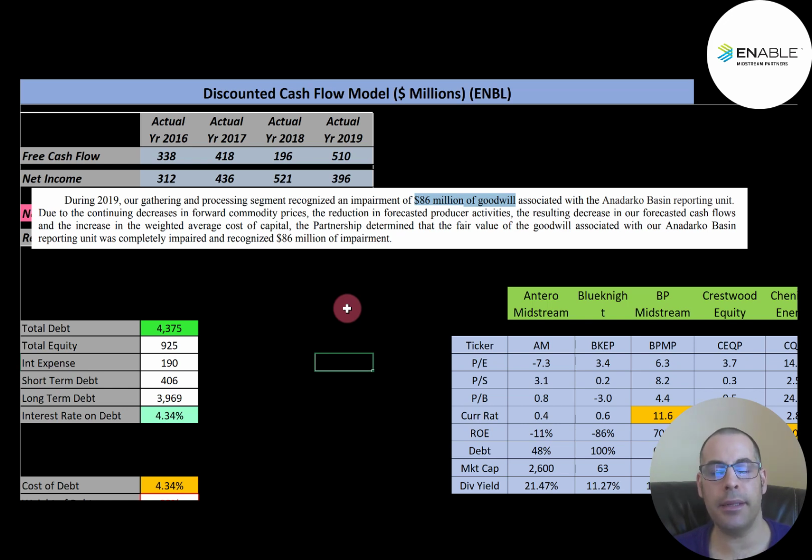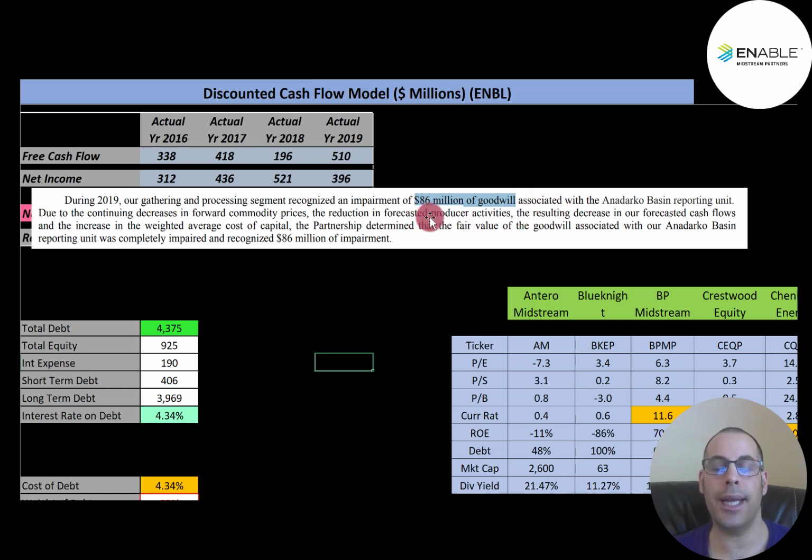Each company has to test for goodwill impairment each year to see if it should reduce the balance of its goodwill. Enable acquired Andarko in the past, so each year it has to test for impairment. In 2019, Enable Midstream concluded that the value of Andarko should go down $86 million on its balance sheet.